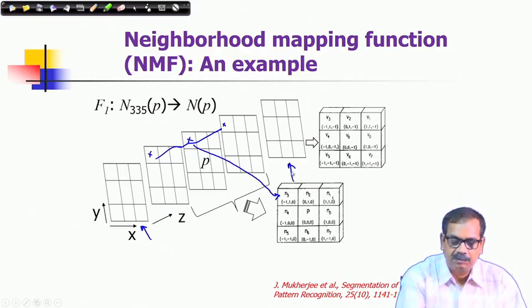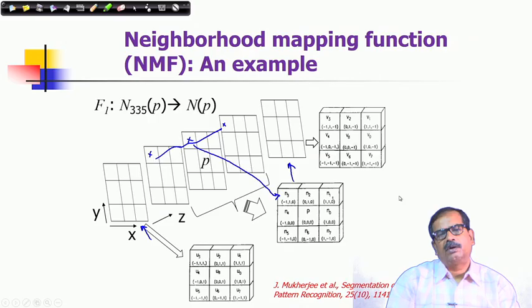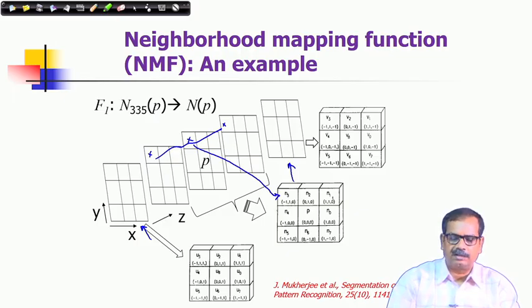The cross section which is behind by 2 units is mapped to all the variables of the back plane of the original neighborhood definitions of 3 cross 3 cross 3, and the cross section which is in front by 2 units is likewise mapped to the corresponding variables in the front cross section of the 3 cross 3 cross 3 unit.